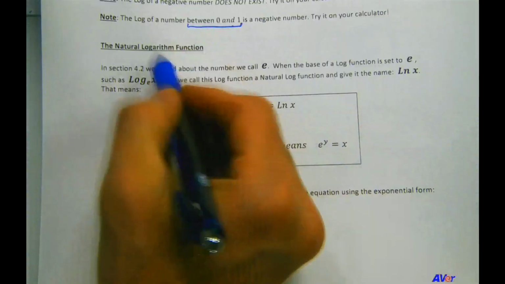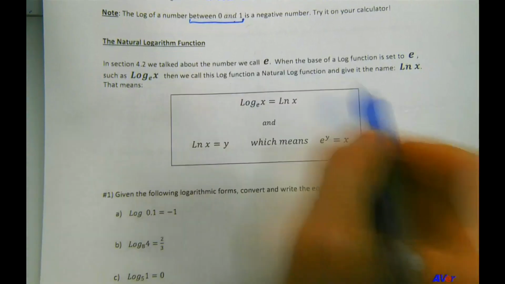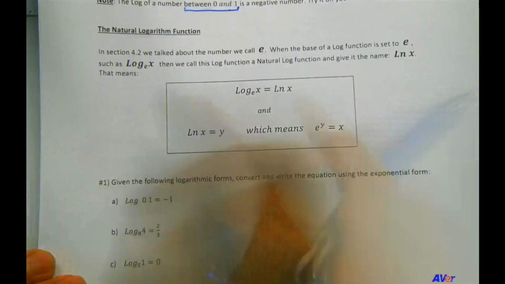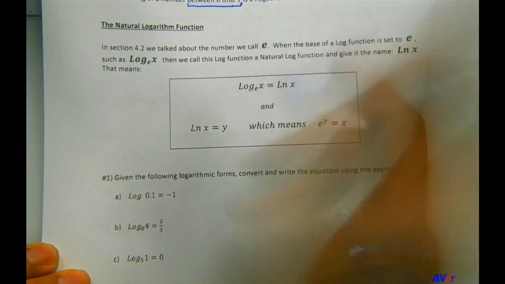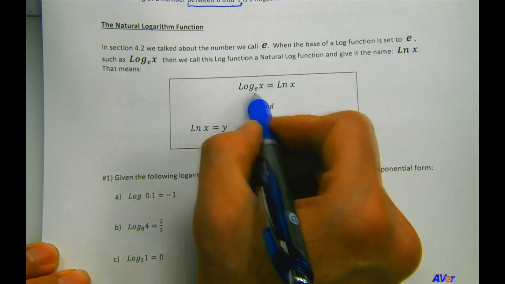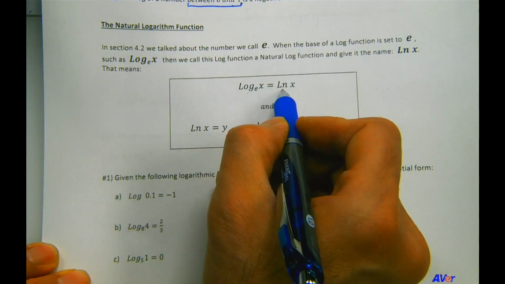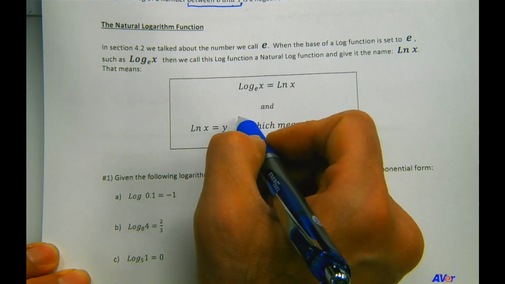So the natural logarithmic function is any log function to base e, which we already talked about in the previous section. Log to base e of x is equal to ln x, or the natural log of x.